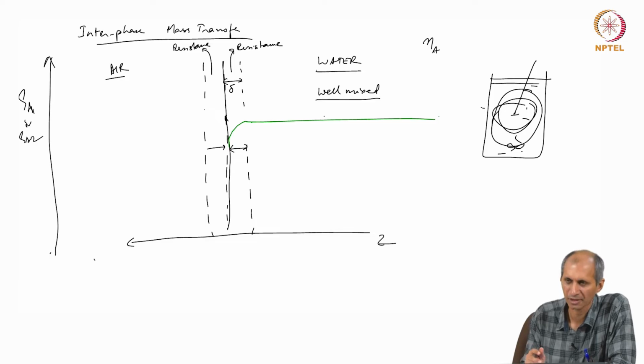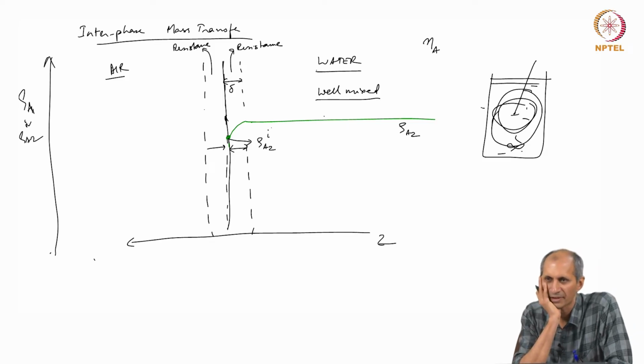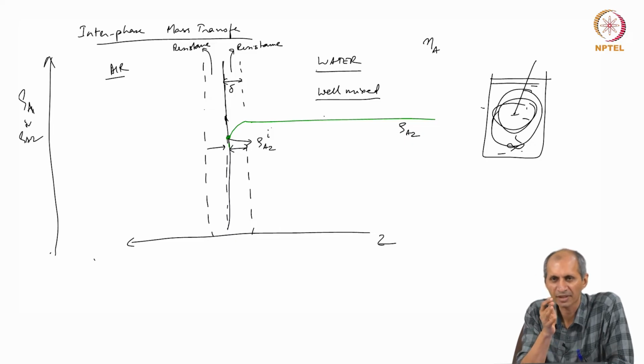We have established that this is the profile here. What is it on the other side? I will write this as rho A2, and I will call it rho A2 interface, because it is at the interface on the water side.